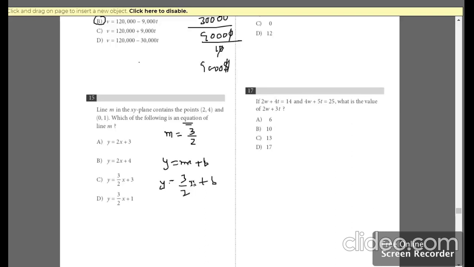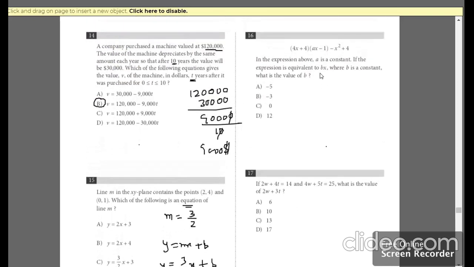Now in order to get the y-intercept on the vertical axis, you just plug in any of the points. Best is 0 comma 1, that is x is 0 and y is 1. It means your intercept on the y-axis on the positive side, b, is 1. So your equation will be this one, and check where exactly is your option D.